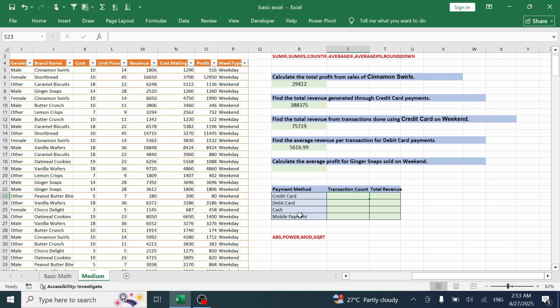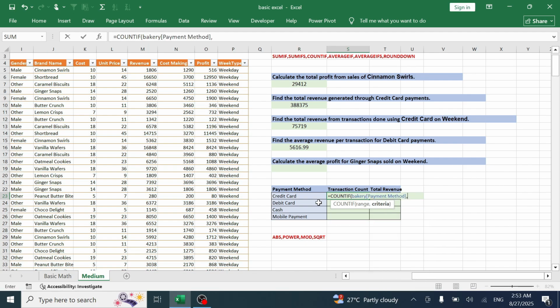mobile payment. So we need to calculate total transactions done by each payment method, and we need to calculate total revenue generated from each payment method. So where we can use COUNTIF. We need to give the range, so we can give the bakery table payment method column.